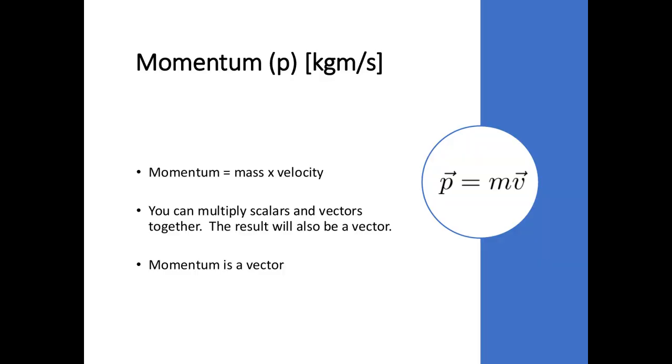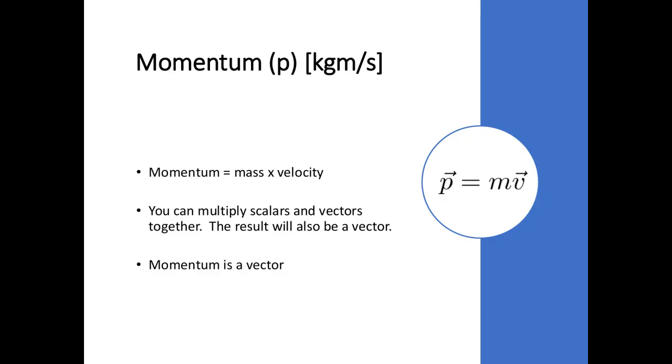In physics, we start to combine these different variables together. Momentum is the result of multiplying the mass of an object times its velocity.